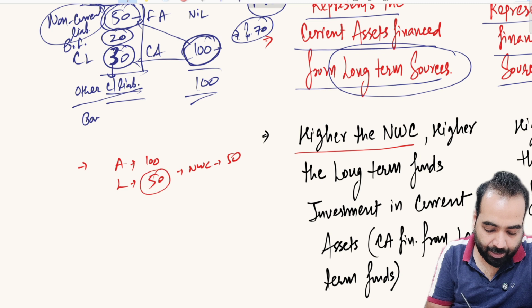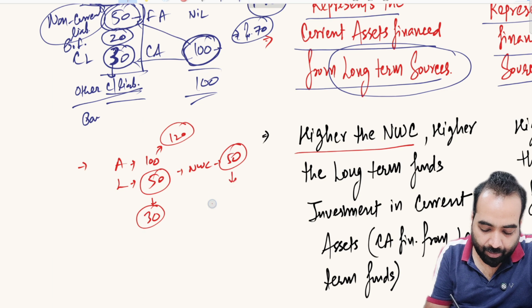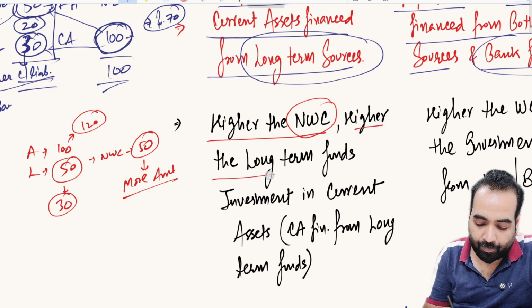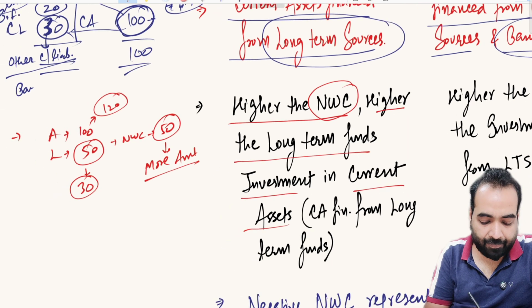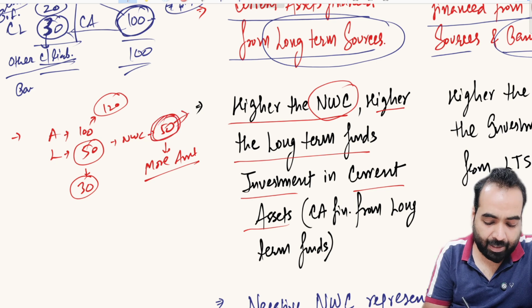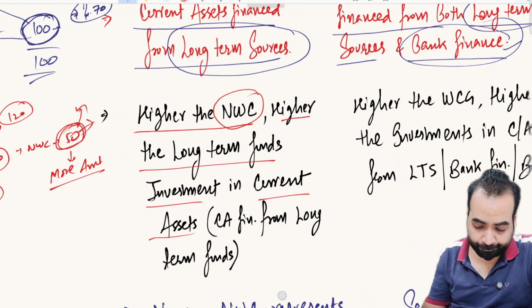If I reduce the current liabilities to 30 or I increase the current assets to 120, then the NWC will come with more amount. So higher the NWC, higher the long-term funds invested in current assets. Whatever the difference of NWC is, this difference represents the long-term funds invested in current assets. So higher the difference, higher the funds invested in current assets, right?